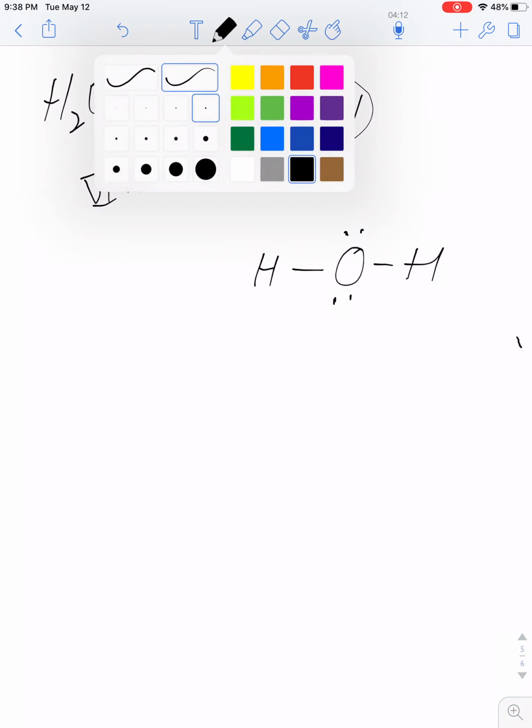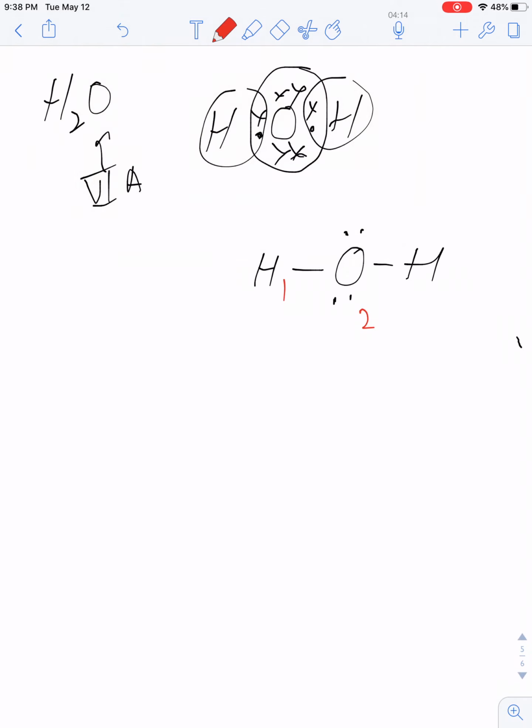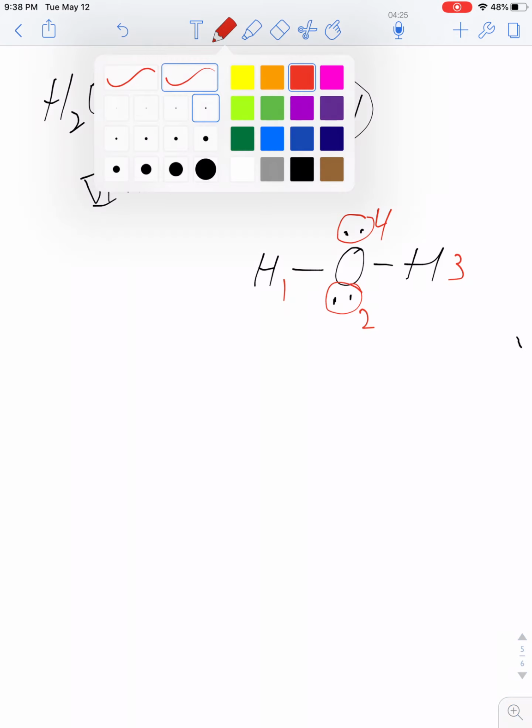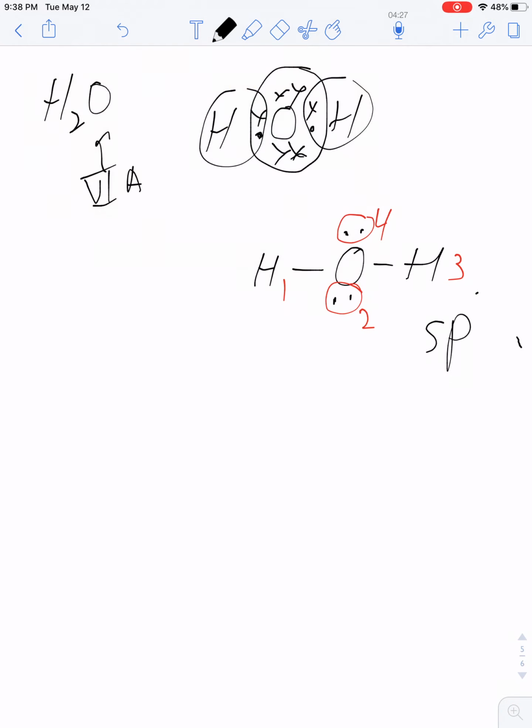And I count the number of things attached to it. 1, 2, 3, 4. Lone pairs count as something. So if there are 4 things attached, it means my hybridization is sp3. So now we go to Appendix G to find the 3-dimensional shape. And again, those shapes are also in your book. So how many things are attached?